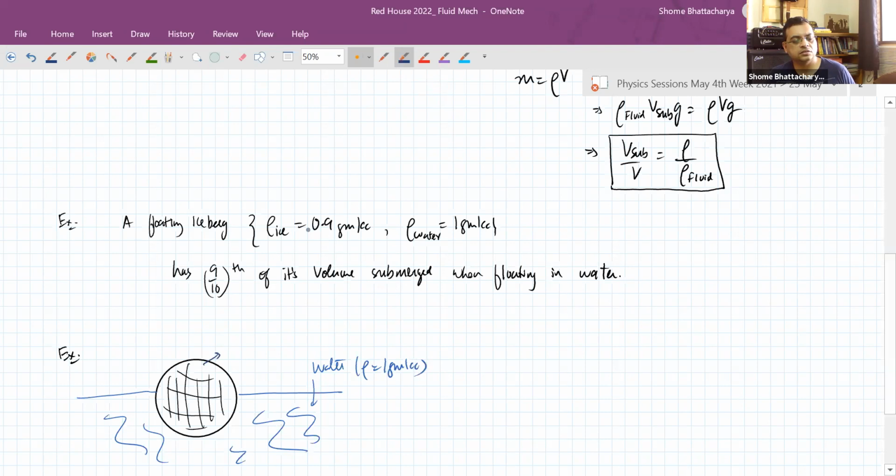Now this is a rubber ball. The rubber ball is actually a thick shell of solid rubber.